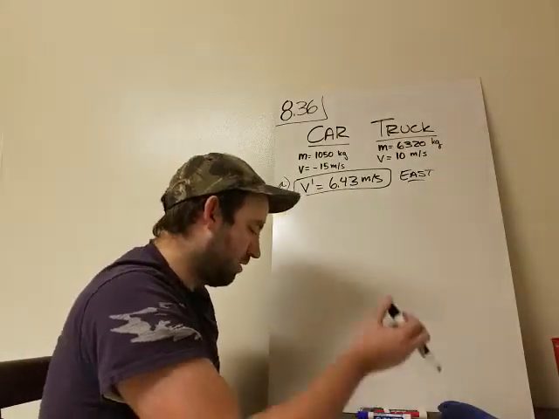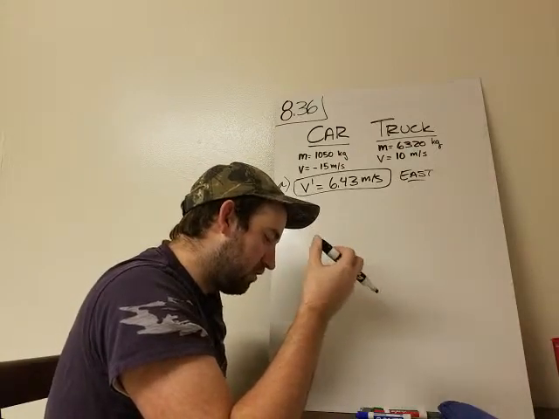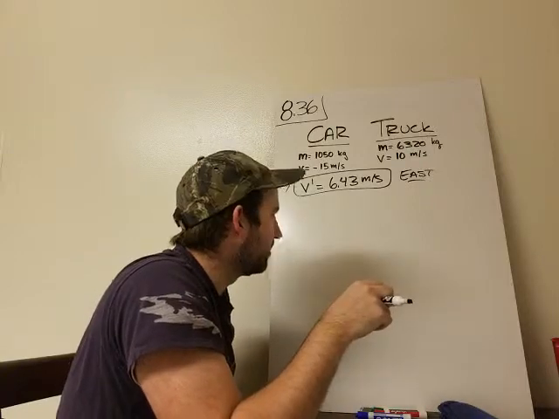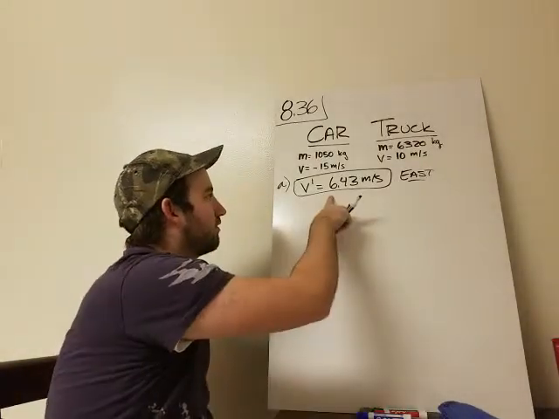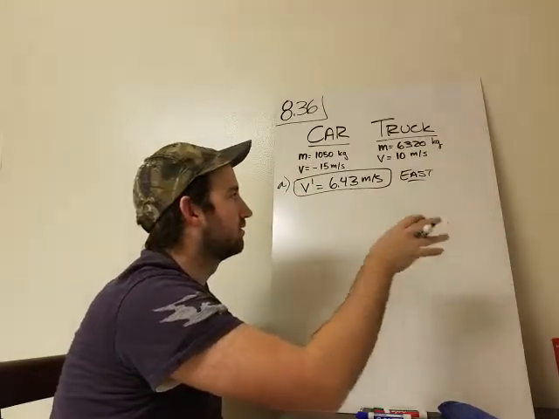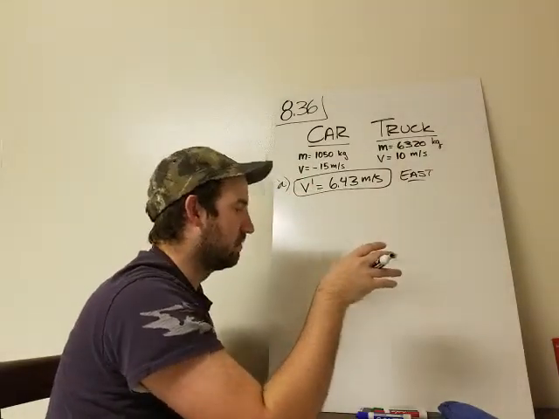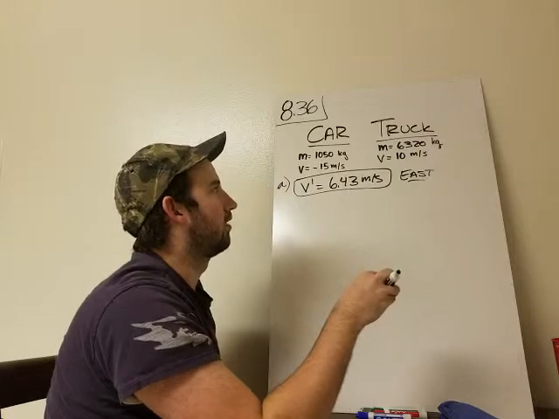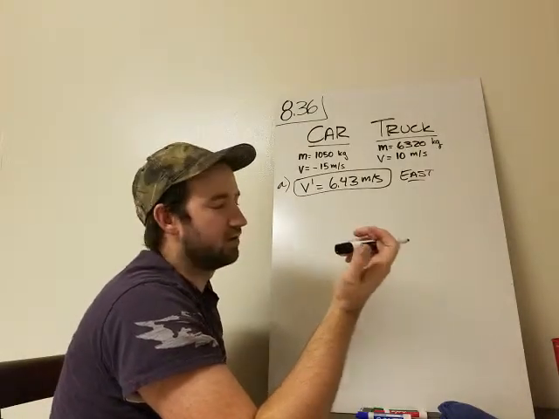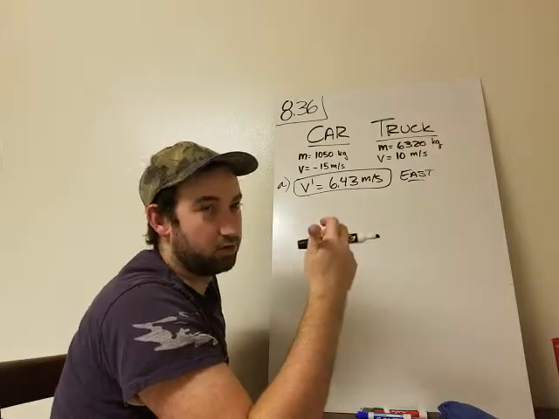So part B wants to know what speed the truck should have been moving so that both it and the car are stopped in the collision. Instead of going almost 6.5 meters per second east afterwards, what would the velocity need to be to just stop? You can't really change the mass of a truck, at least not easily, so the only thing we could change is the velocity.